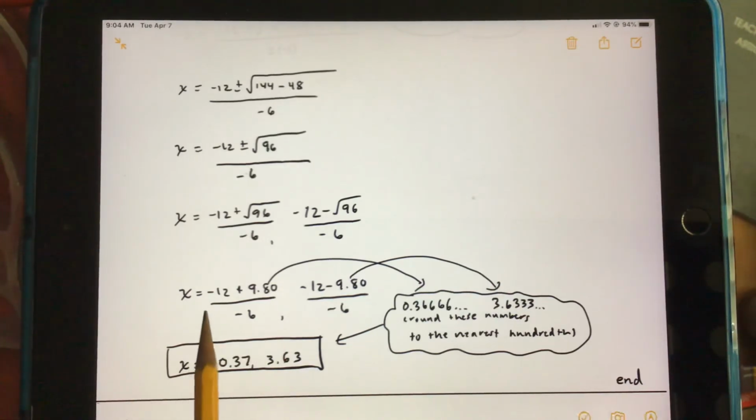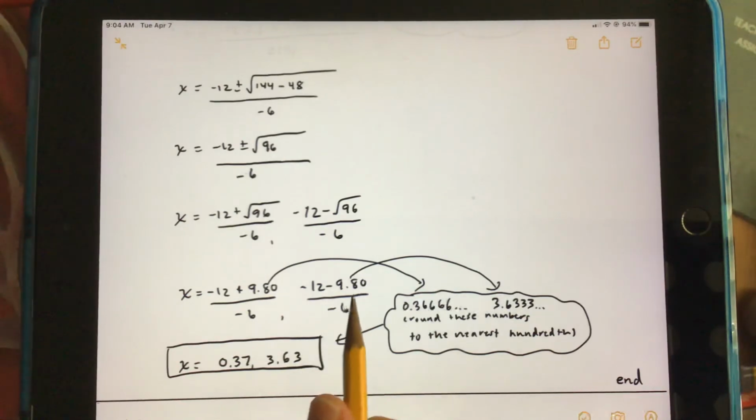All right, so now I'm going to use my calculator to work out negative 12 plus 9.80 divided by negative 6, and that's going to give me 0.37. On my calculator, I'm going to see 0.3666 going on forever. And so that 6 to the right of my hundredths place is going to round my 6 in the hundredths place up to 7.